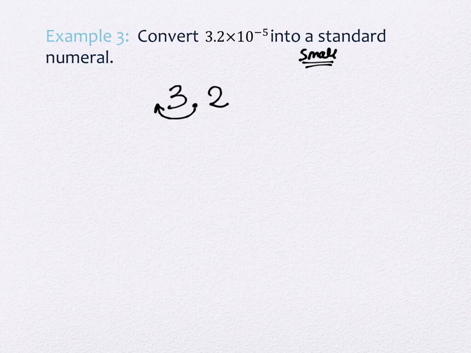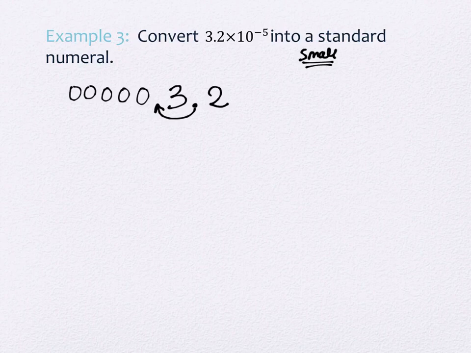So I've moved it 1, but I can't move it anymore. So I need some leading zeros in order to keep moving it. So you can just put a bunch of them in there. And then we'll just not include them in the answer when we're done.